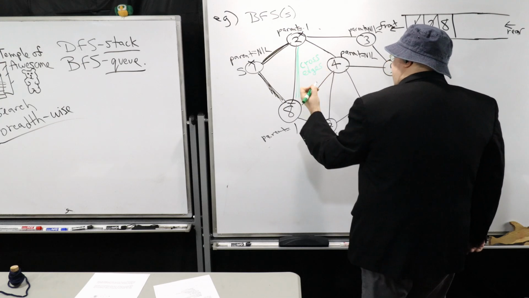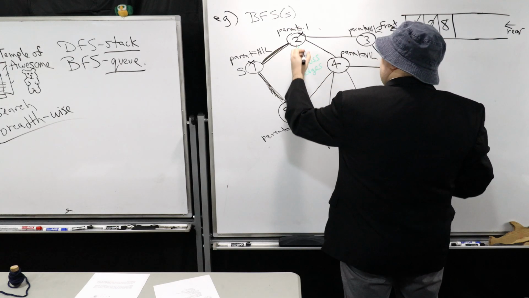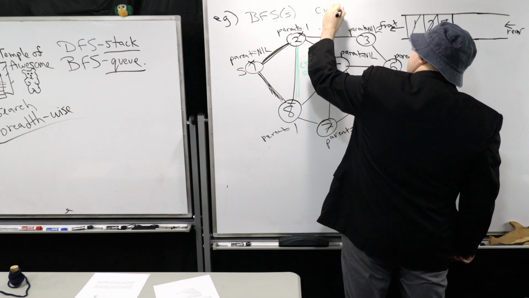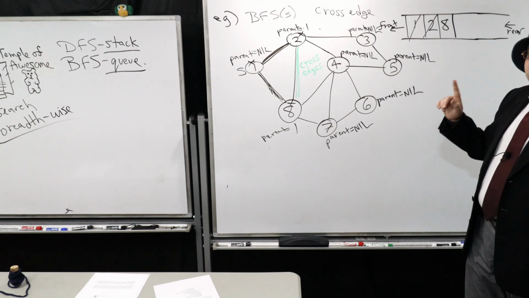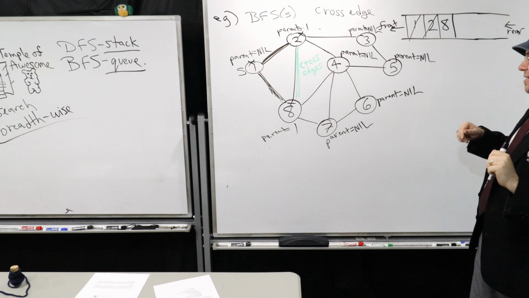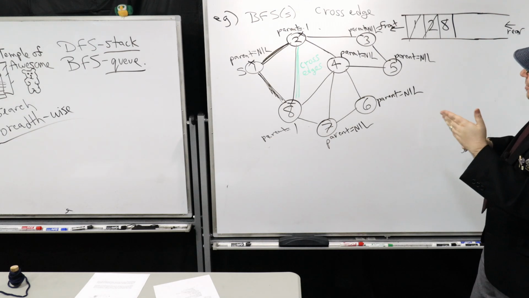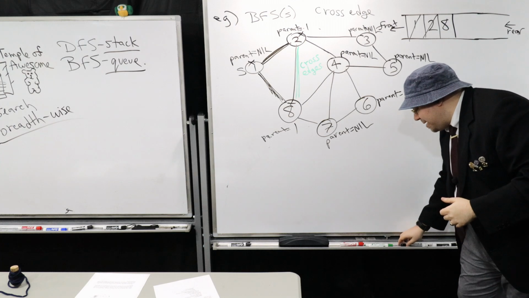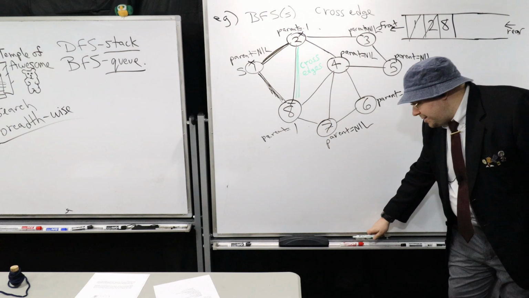Let me write that in black. So green is cross edge. So we have discovery or forward edges, and we have cross edges. We're not going to have back edges in BFS. We're going to have cross edges, which have a different property. I label that as a cross edge, but I most certainly am not going to NQ 8 because it's already marked, right?